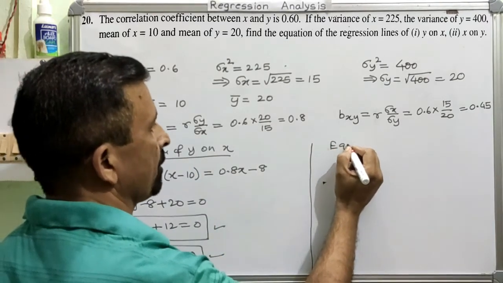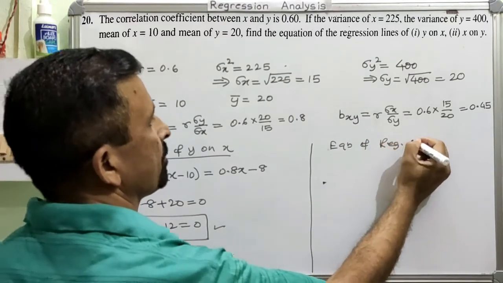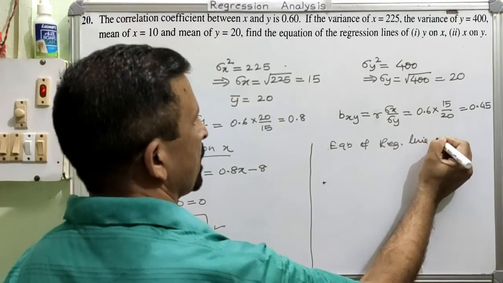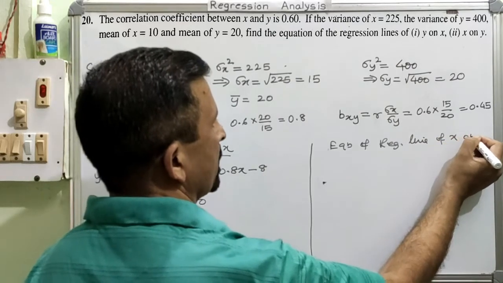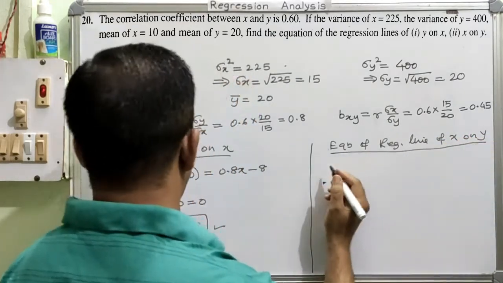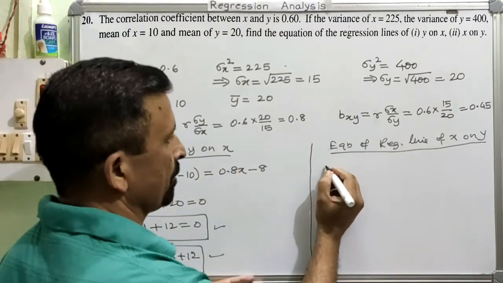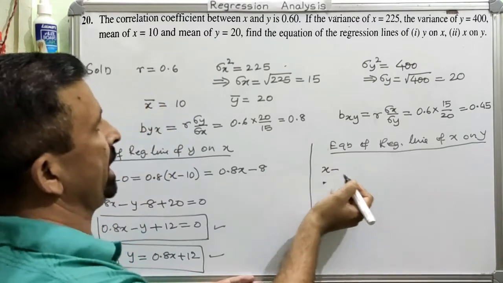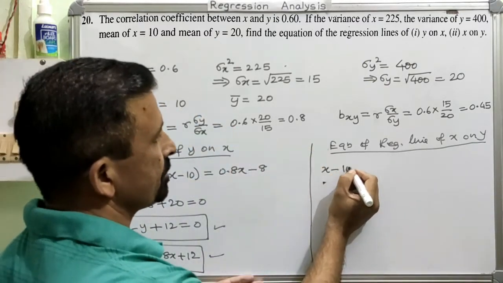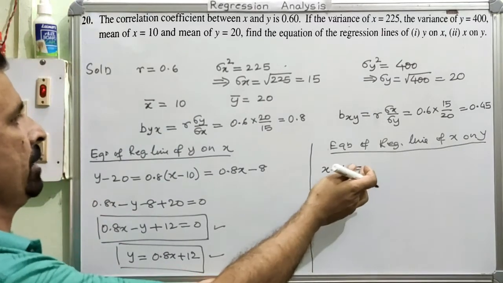Likewise, we will find out the equation of regression line of x on y. This we are now going to write. So the formula will change, it will become x minus x mean, and x mean is 10, is equal to the regression coefficient, bxy.